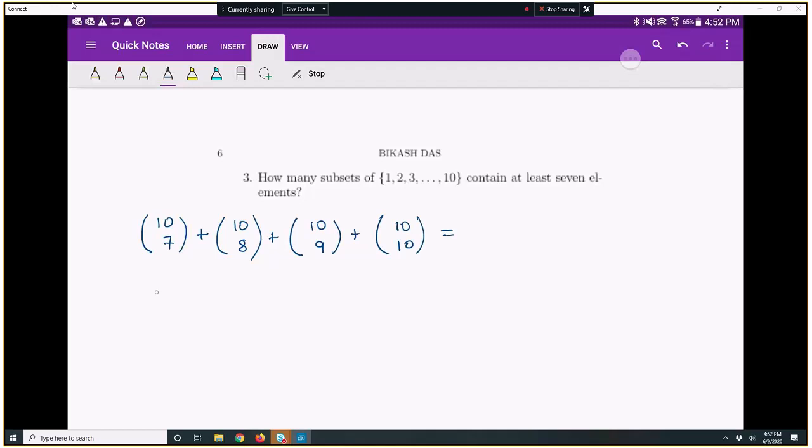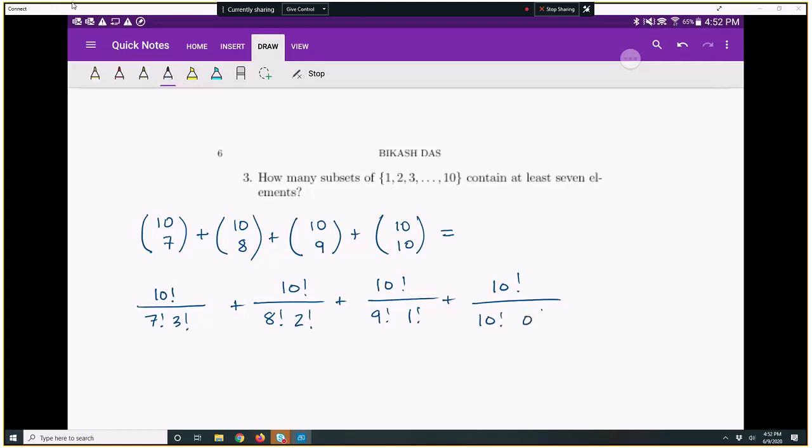And if I computed these, this is 10 factorial over 7 factorial times 3 factorial, plus 10 factorial over 8 factorial times 2 factorial, plus 10 factorial over 9 factorial times 1 factorial, plus 10 factorial over 10 factorial times 0 factorial, which is 10 times 9 times 8 divided by 6, plus 10 times 9 divided by 2, plus 10 divided by 1, plus 10 divided by 10.